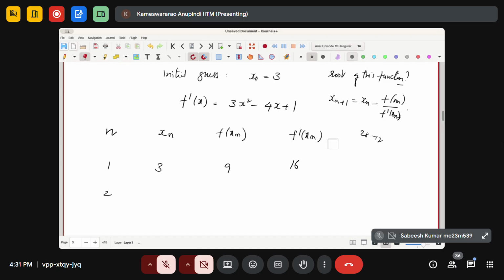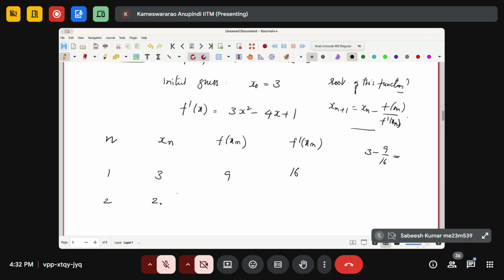Okay, good. And how much is xn plus 1? Is it 4? No, it should not be 4, right? This is 3 minus 9 by 16, so it should be less than 3. It will be some 2 point something.